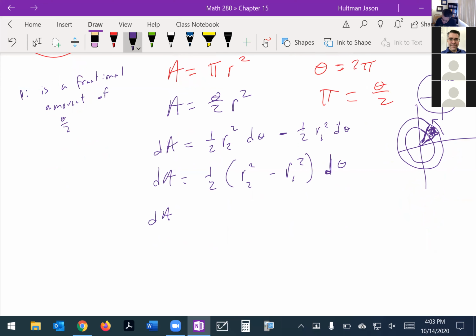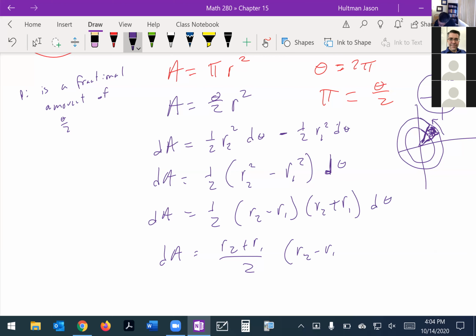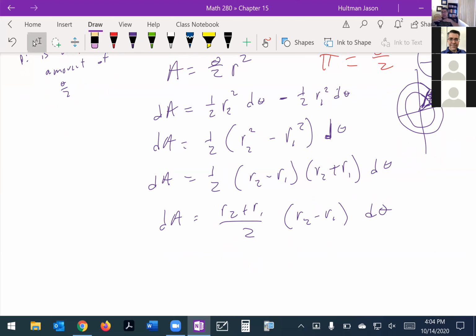So dA is equal to 1/2 times R2 minus R1 times R2 plus R1, d theta. I'll rewrite this as dA equals (R2 plus R1)/2 times (R2 minus R1) d theta. So what is R2 minus R1? Isn't R2 minus R1 the change in R? Yeah, so that's dr. This is dr d theta. Oh, that's kind of cool.